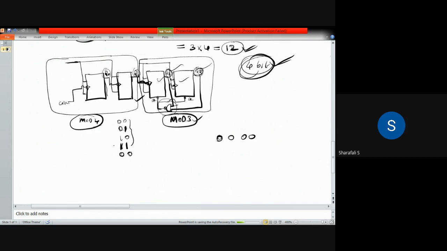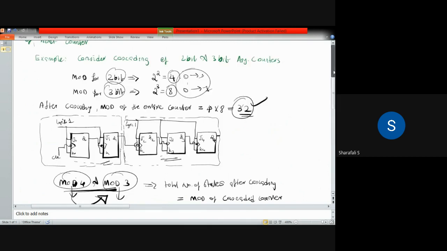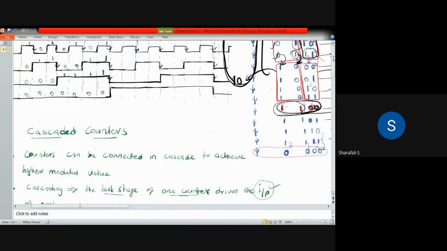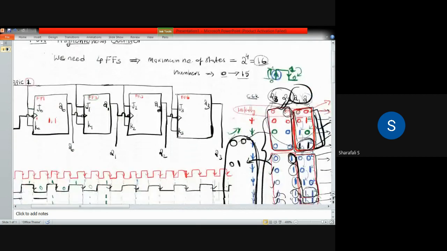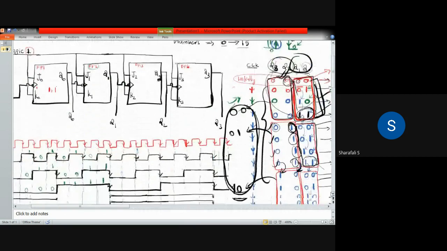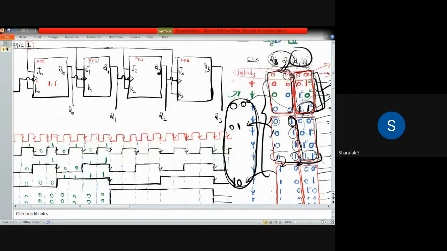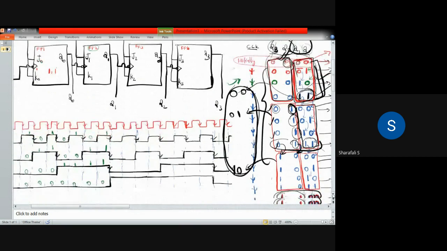Let me see if it's corresponding. The last value that we have to consider corresponds to that 11. You can see here the 11th. Sorry, not this one. 11 is here, so this one.